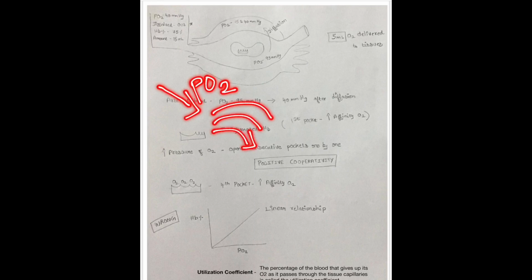From what we have discussed here, you can say that increasing the partial pressure of oxygen will increase the saturation of hemoglobin. By increasing the partial pressure of oxygen, you will push more oxygen molecules into the hemoglobin pockets.